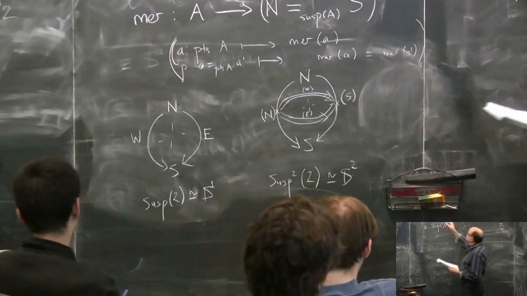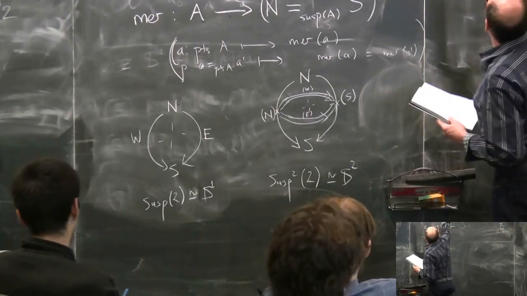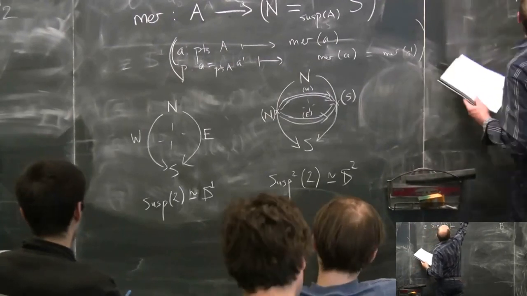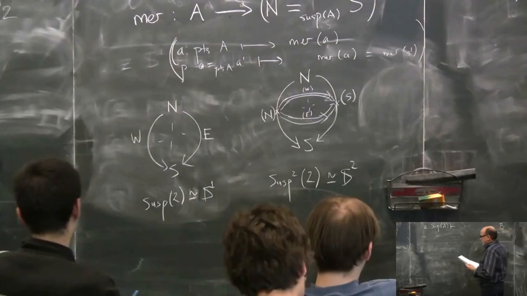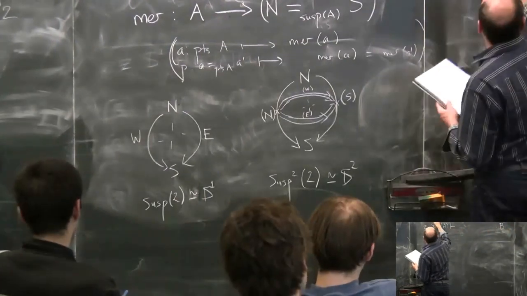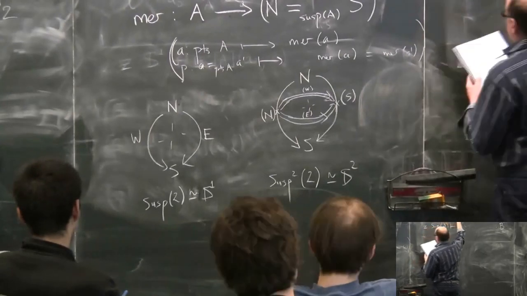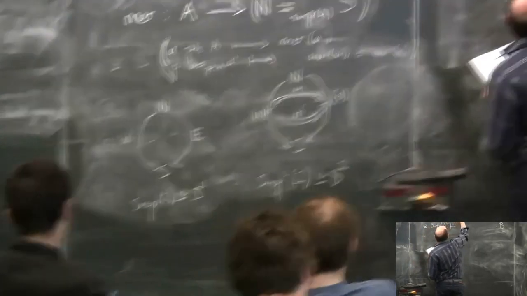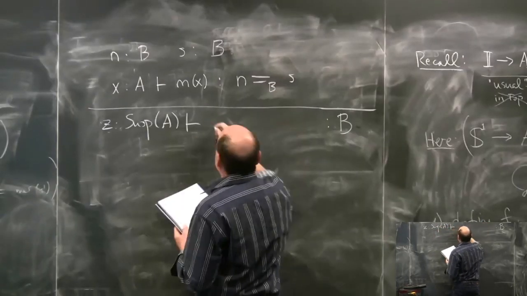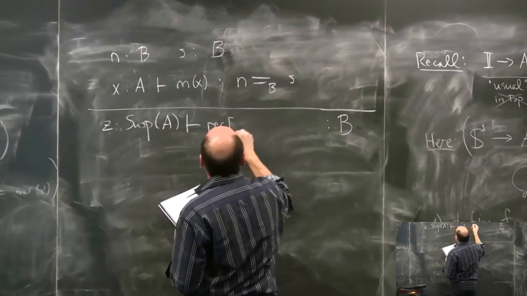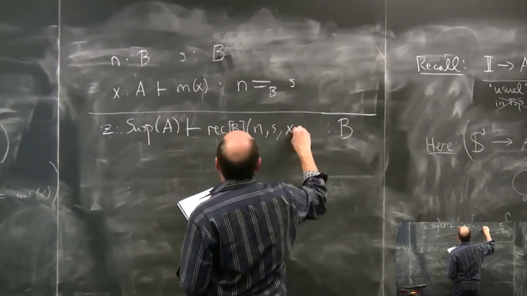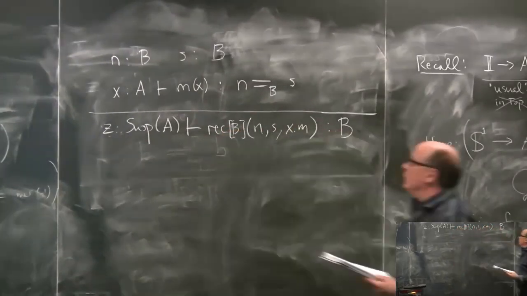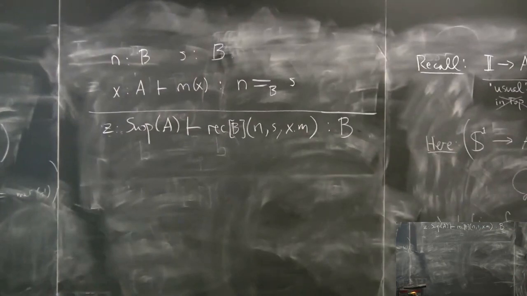If B itself has suspension-looking structure, so it has a north and south pole, and there are different ways to write this, but one is for X in A, we have, let's call it M of X, a proof that north is equal to south in B. Then the recursor, with B as the target, with N and S and X dot M, is the thing that witnesses that you have an element of B.